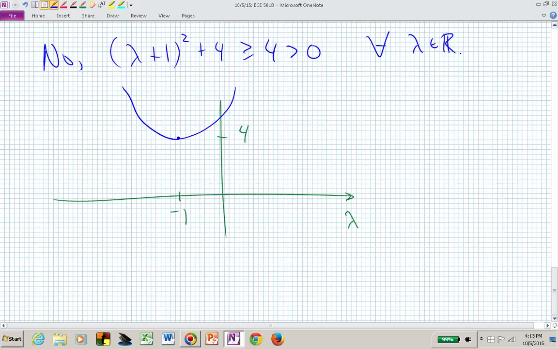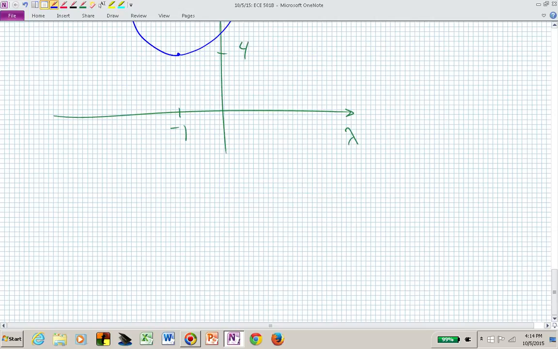We wanted that to have a real solution for lambda. We needed a lambda such that that blue curve could be equal to 0, and it's not. But we can look at the roots of that. Okay, so we can't find a real number that solves that.